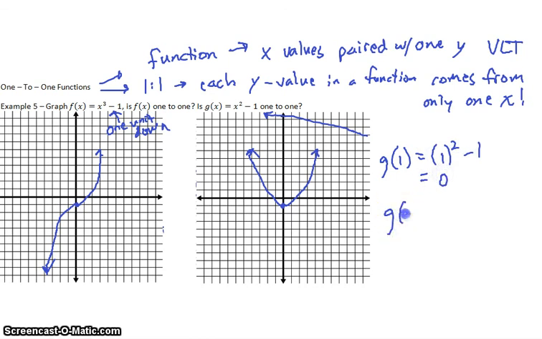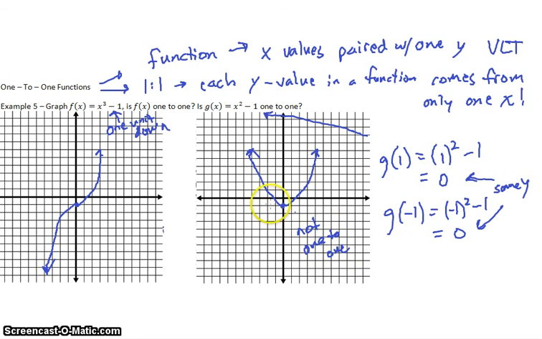If I plug in negative 1 at the same time, I get negative 1 squared minus 1. That's also going to be equal to 0. So I have two different x values producing the same y. So not every y value comes from a unique x value. So this is not one-to-one.